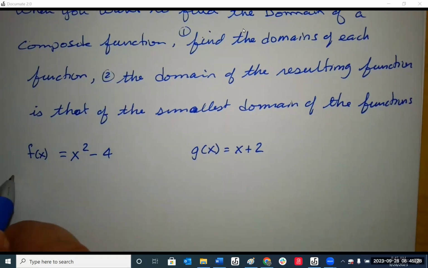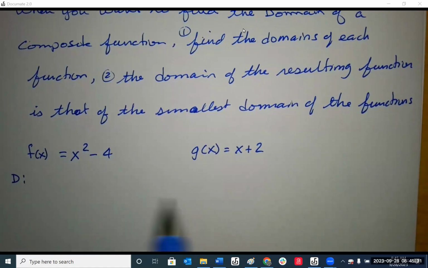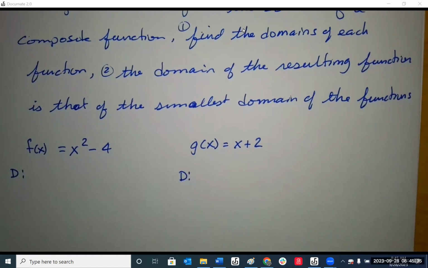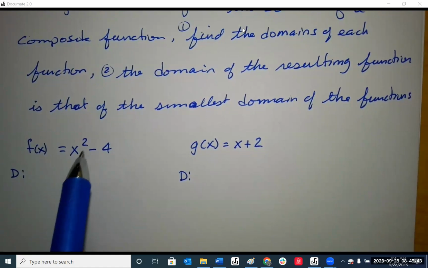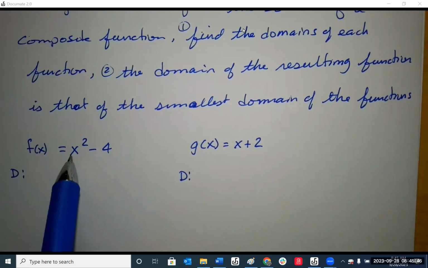So what's the domain of this first function? In other words, what restrictions are there on x? Can x be negative? Yeah, you can put negative in there and square it, it becomes positive. Can x be 0? 0 squared is 0. That works.